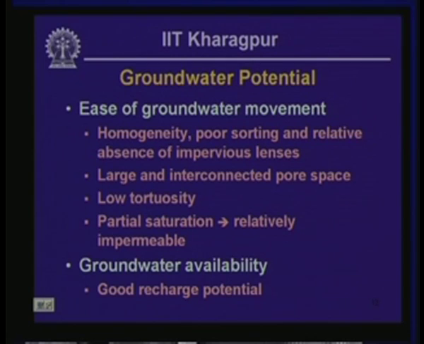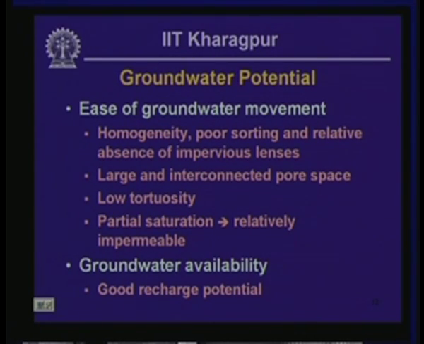And what is better is that the grain size distribution of the water-bearing formation should be poorly sorted. In other words, the grain sizes would be quite similar. Grain sizes that compose the aquifer would be quite similar, and there should be relative absence of impervious lenses within the mass of the aquifer.